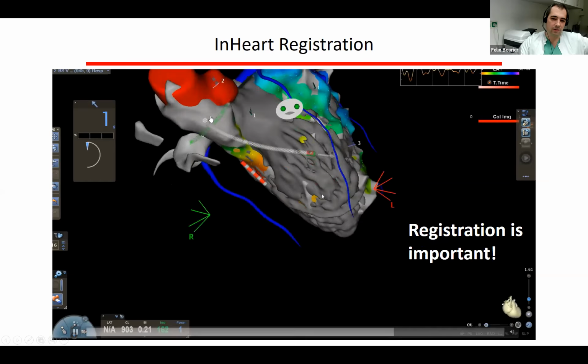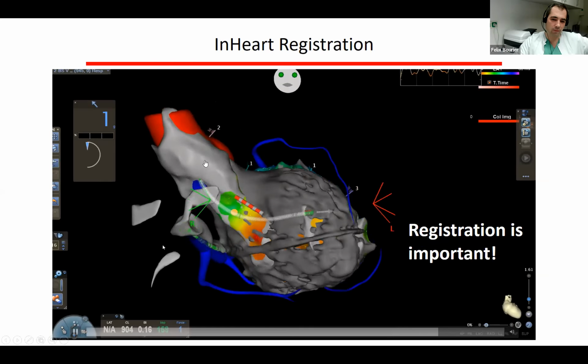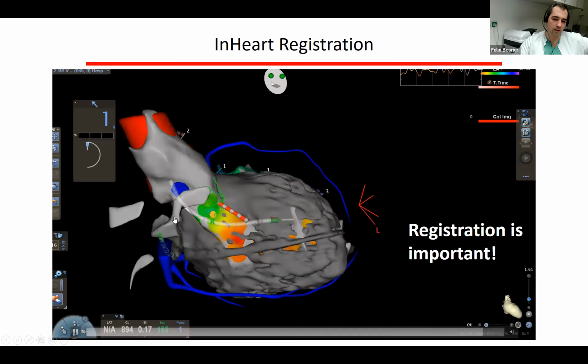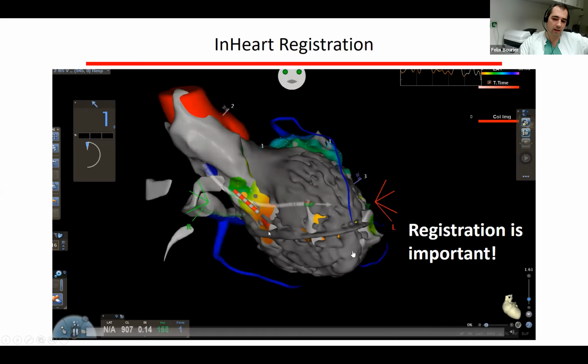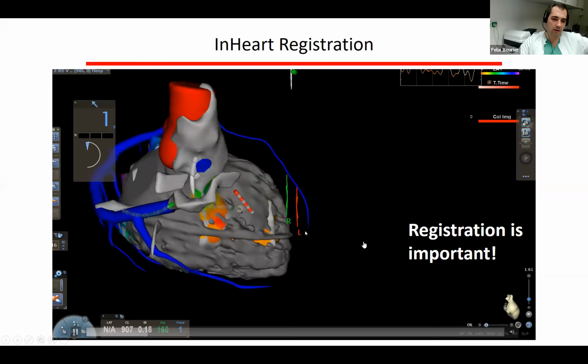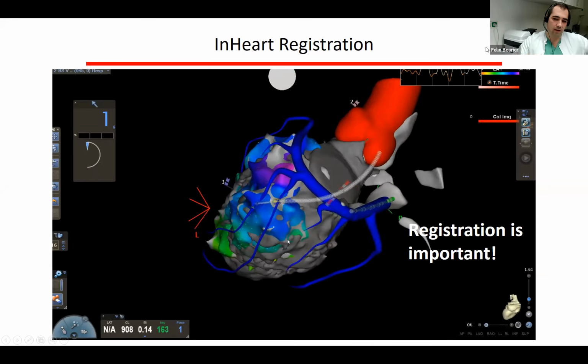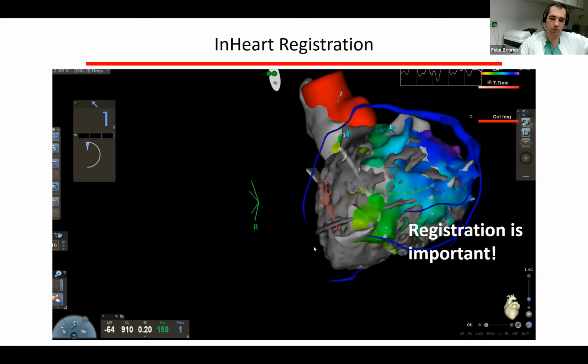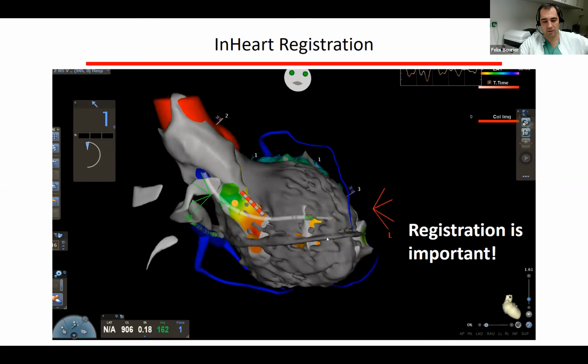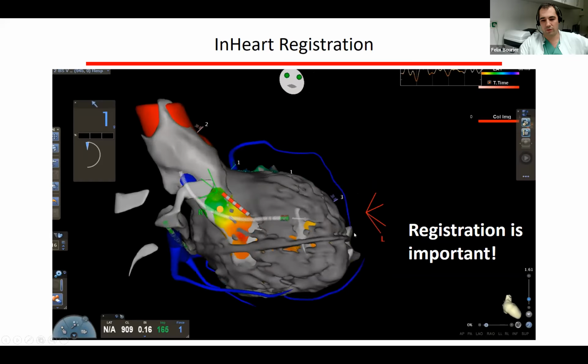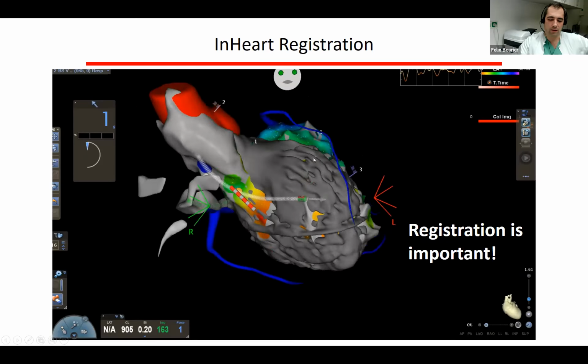In this case, we took the aortic root, the coronary cusps, the proximal CS, and the apical LV. Those landmarks provide you detailed 3D information that you can use to merge CT anatomy and mapping during the procedure in all three orientations.